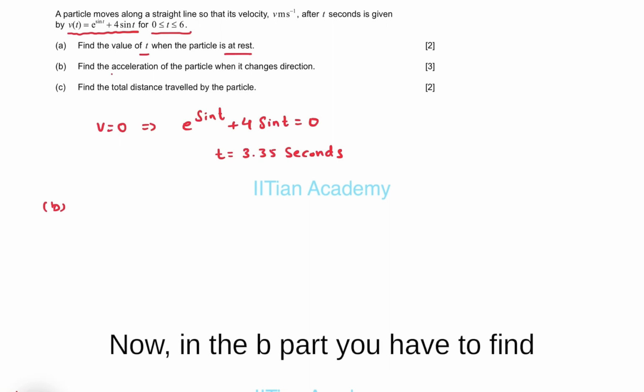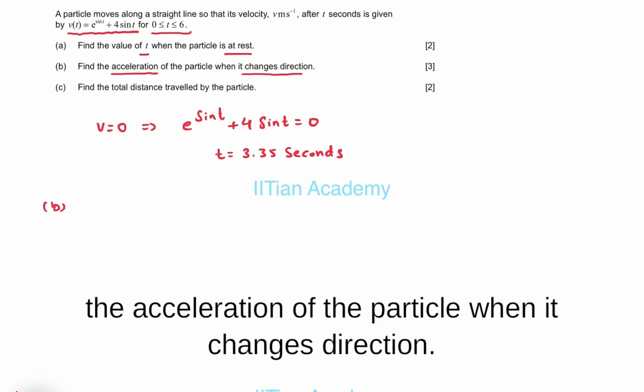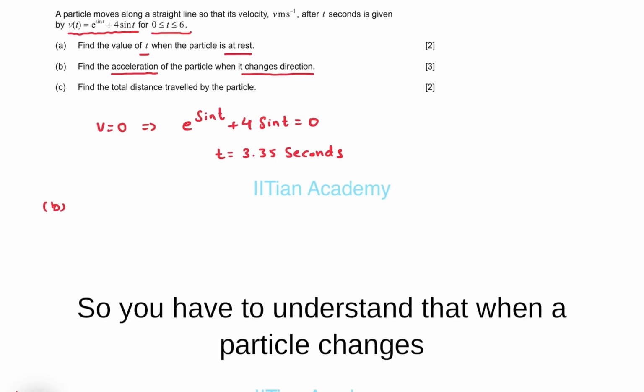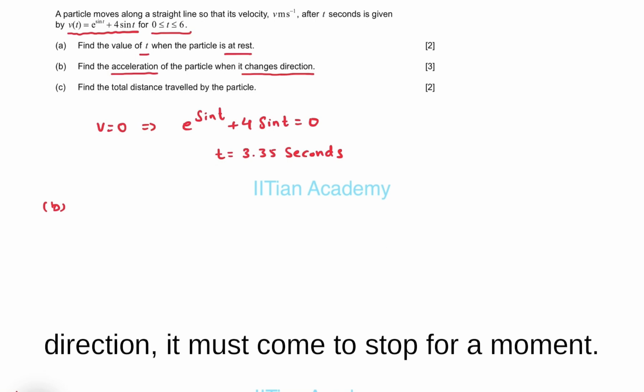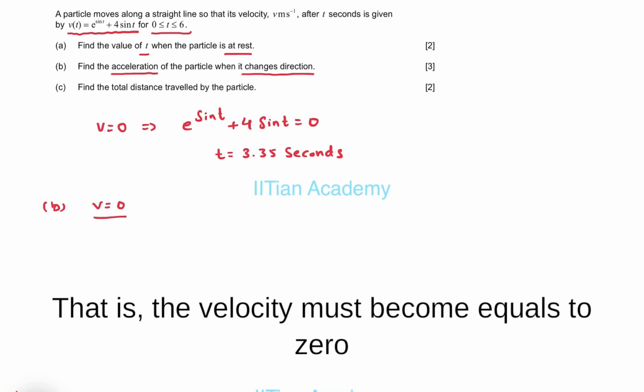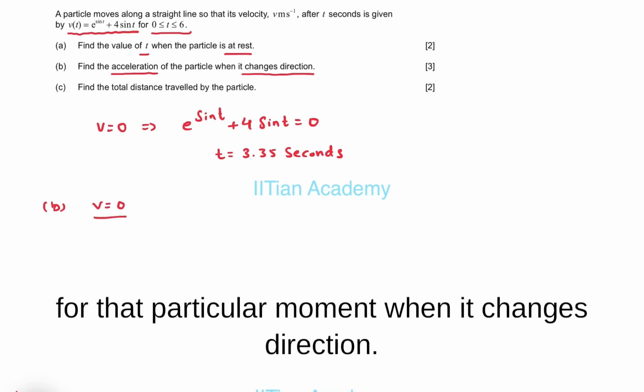Now in the B part, you have to find the acceleration of the particle when it changes direction. You have to understand that when a particle changes direction, it must come to a stop for a moment. That is, the velocity must become equal to 0 at the moment when it changes direction.